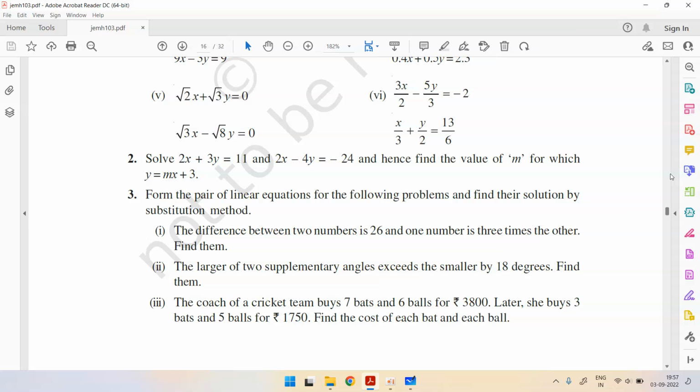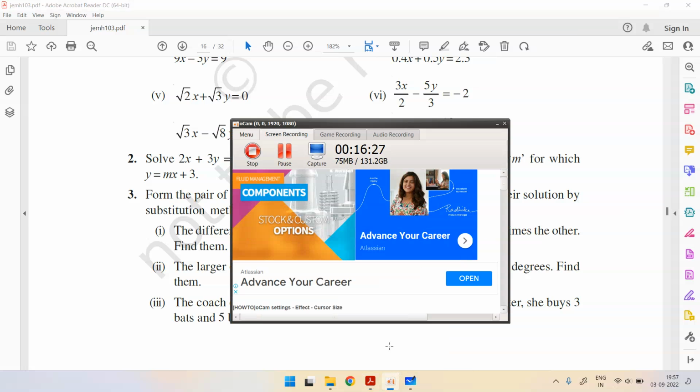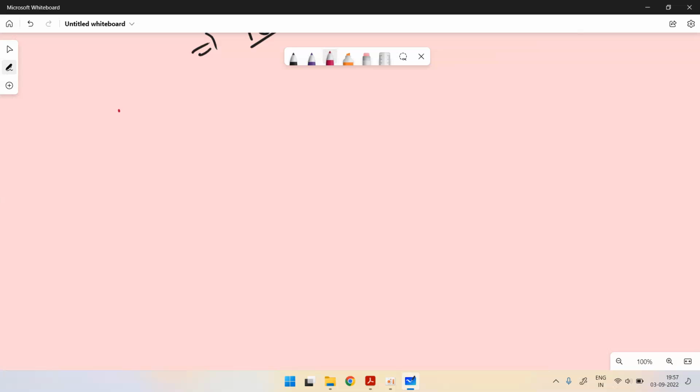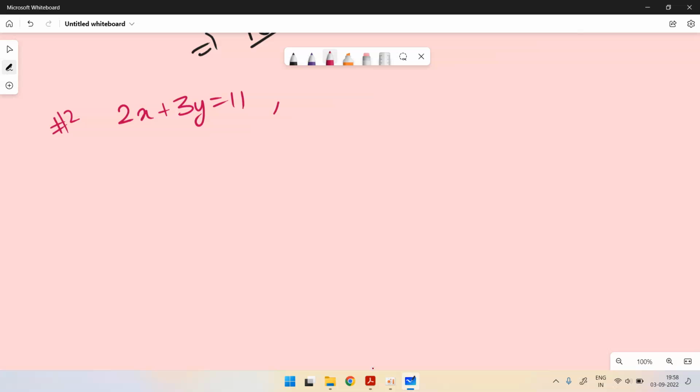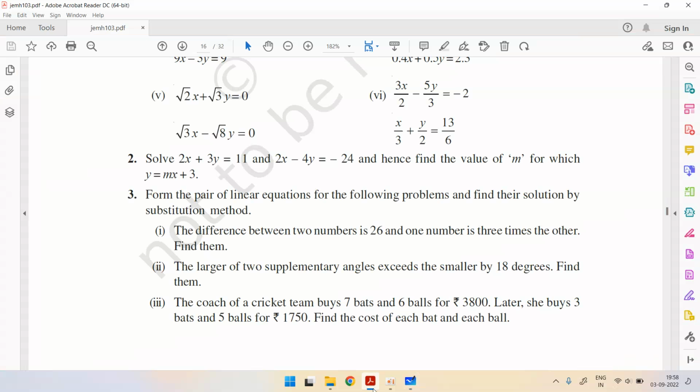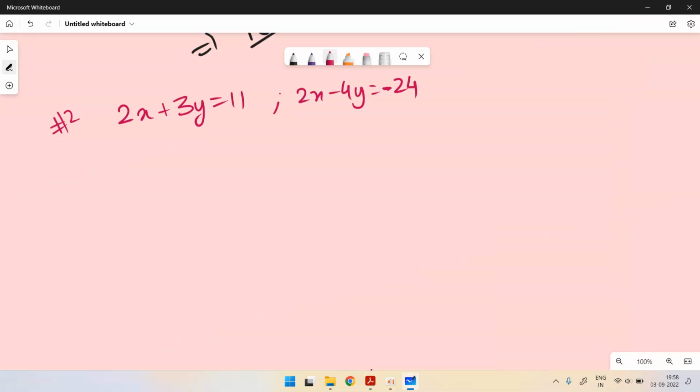From here it's given that 2x plus 3y equal to 11, and the second equation is 2x minus 4y equal to minus 24.